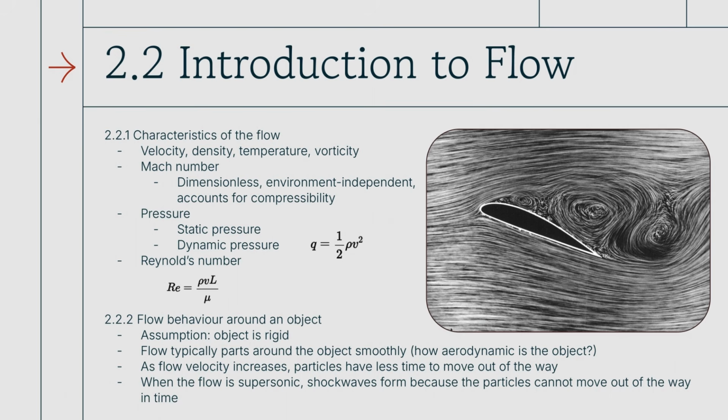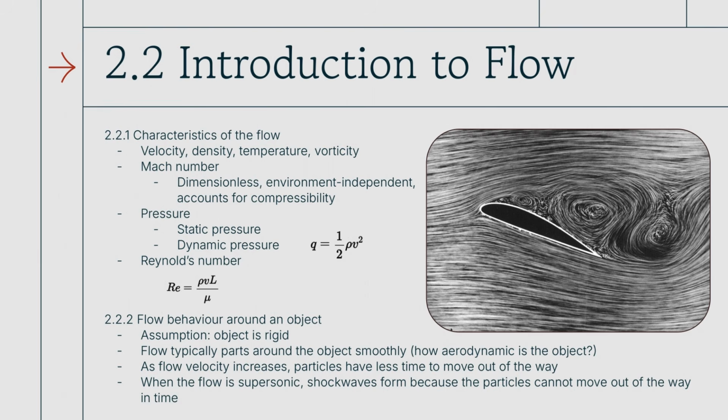That's 1/2 times the density of the flow times the velocity of the flow squared. It describes the force or the energy that your flow has. So when they announce maximum dynamic pressure, what that means is you're going through the area of flight where the loads are highest on your vehicle. And then again, you can describe the flow in terms of its Reynolds number as well.